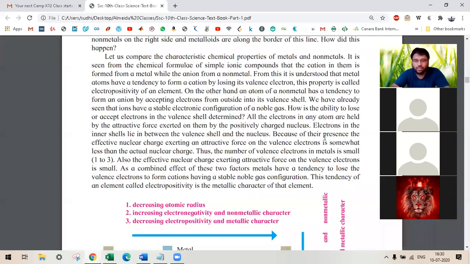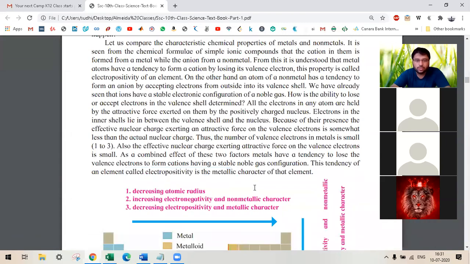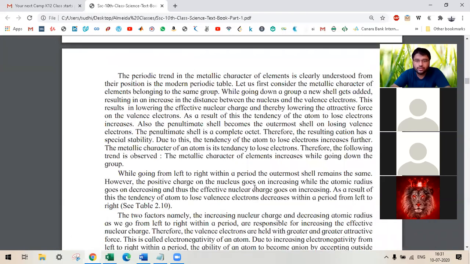See, one second. This tendency of an element is called electropositivity. There was a simple definition for this, right? It was somewhere here. Can anyone help me? Where was the definition of electropositivity and electronegativity?